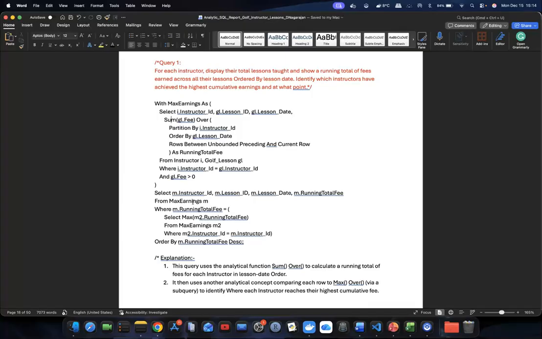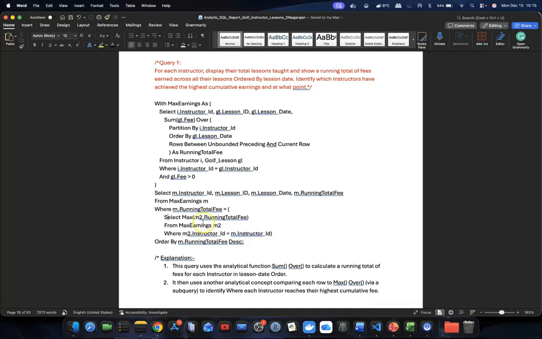For every row in max earnings, aliased as M, it compares M dot running total fee to the maximum running total fee for the same instructor, computed in the subquery on M2, which is a subquery of the primary one. It joins the subquery with the main query, M2 with M1.